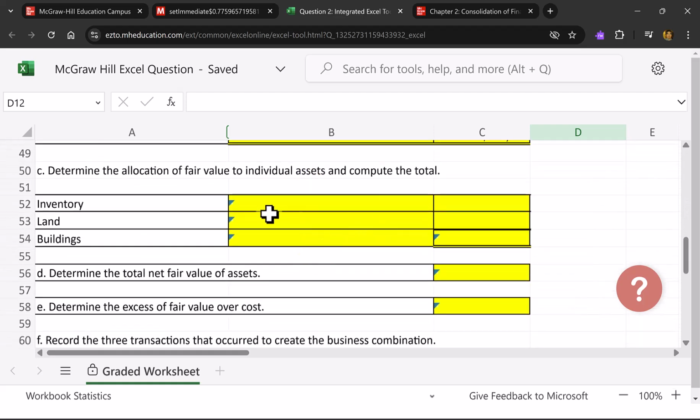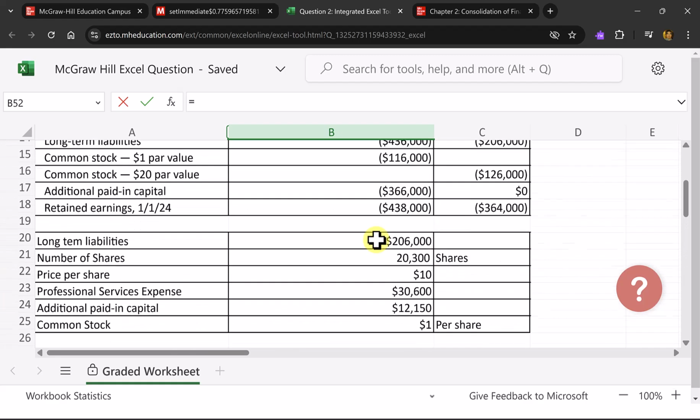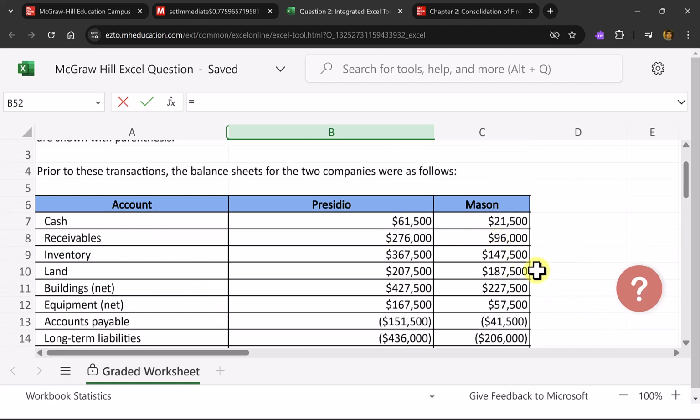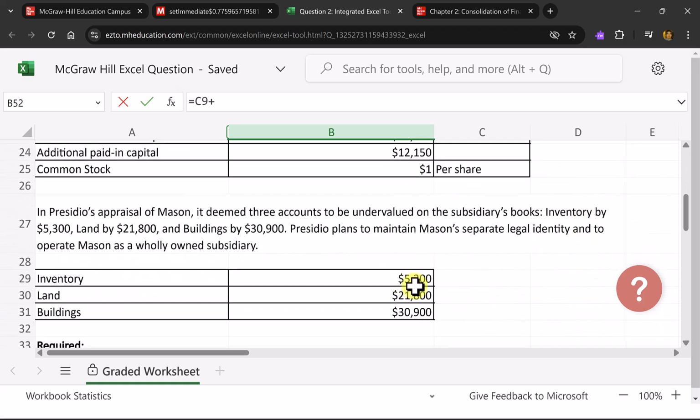So let's put the first one, again, the green flag. I'll grab the book value of the inventory, this 147.5. And to that, I'm going to add the increasing value right here, this 5,300, and I enter.